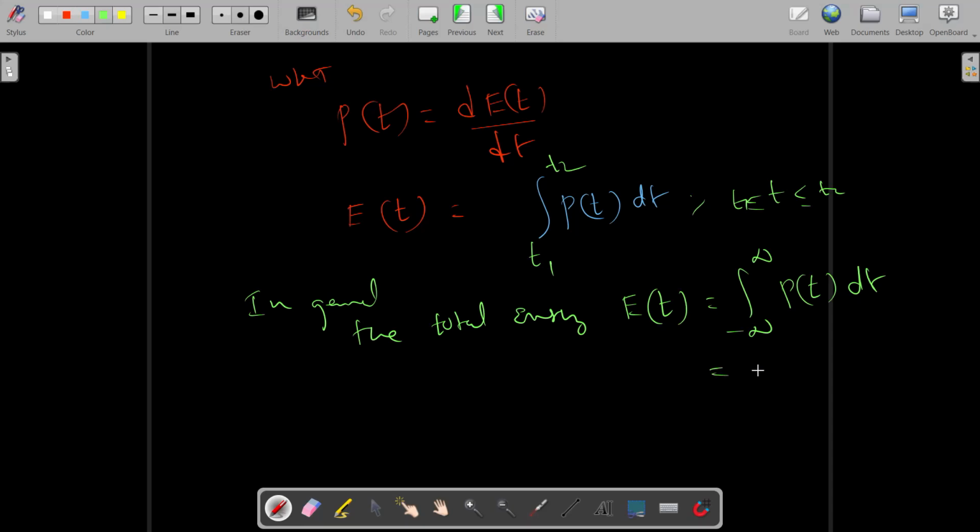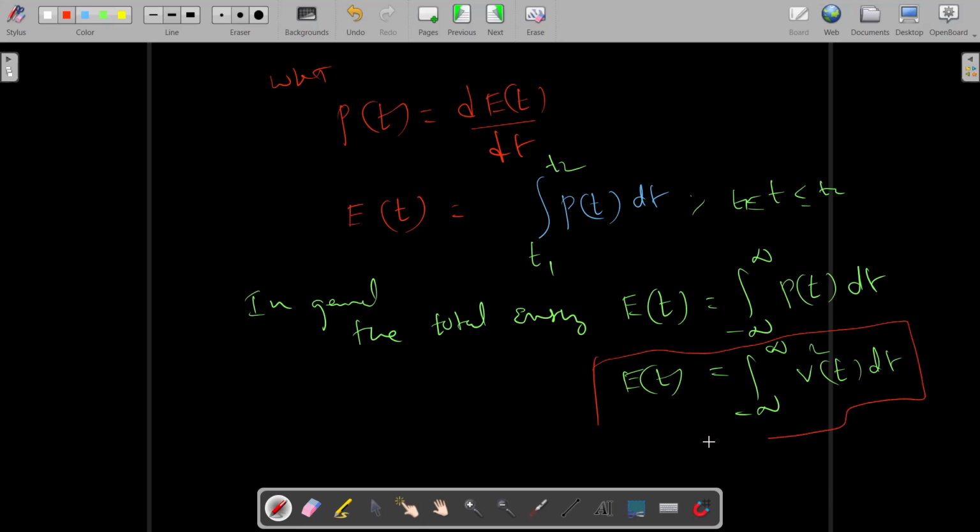P of t is V square of t, so the integral of V square of t into dt. Please note that this is only true if R equals 1. If R is not equal to 1, then we have to divide by R. Once the signal is given, how do we calculate this? Simple: just square the signal and take the area, and that gives the energy. Okay, let us go to the next.